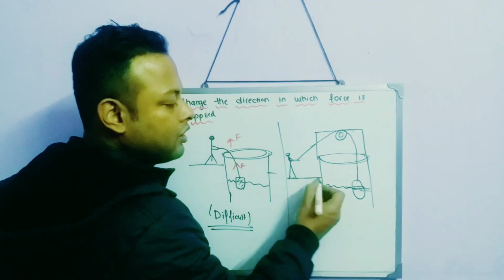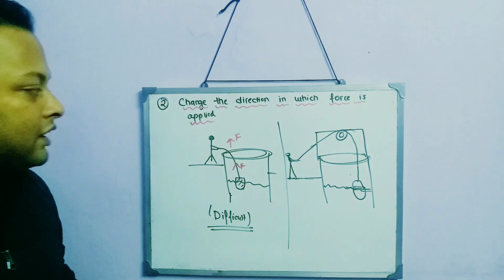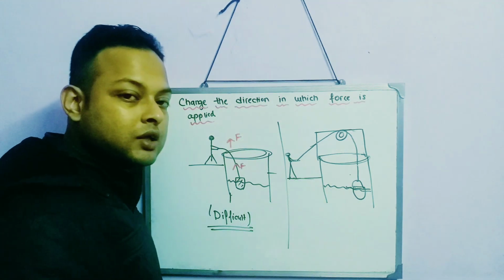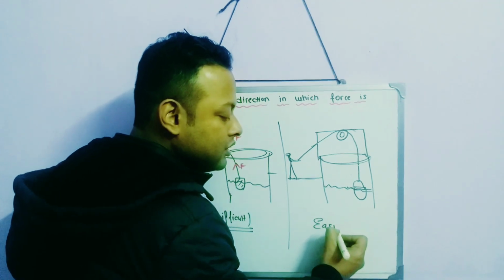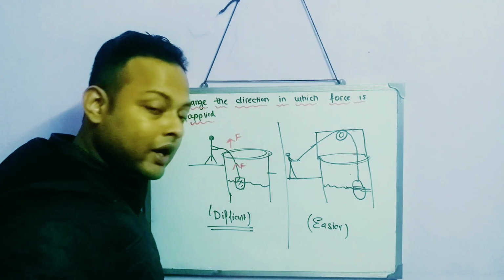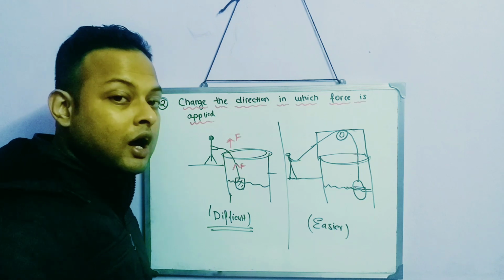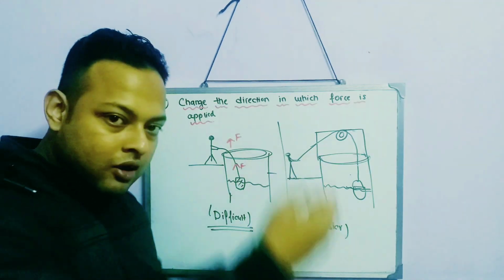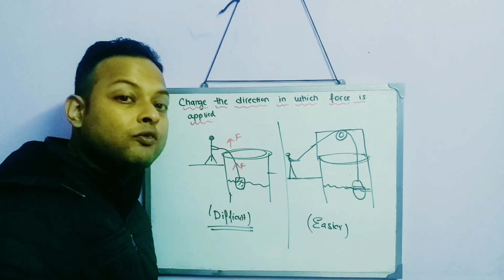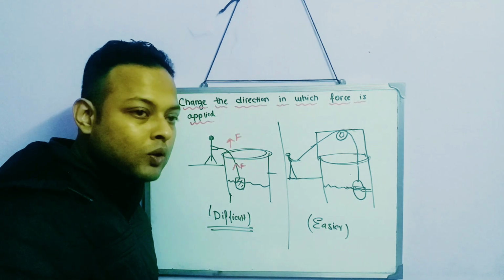Now this is a much easier way to lift water. It is easier. Why? Because if you see in which direction I am applying the force, in this way, I am applying the force in the downward direction.